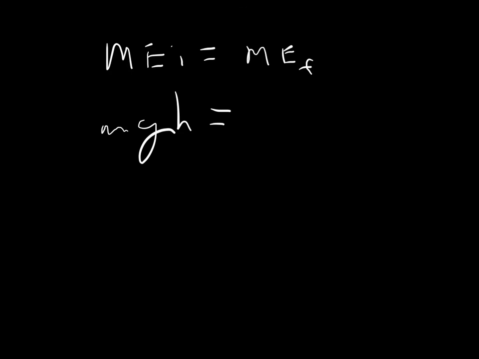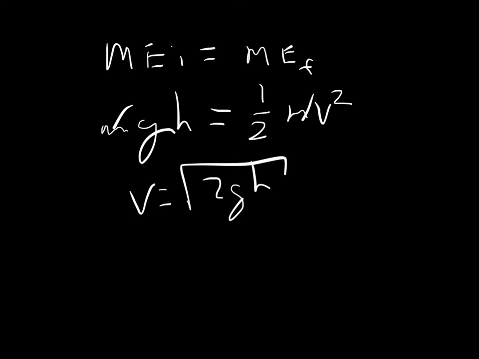Yeah, conservation of energy, ME initial equals ME final. So mgh equals 1/2 mv squared. The mass goes away, and I get v squared equals 2gh, so v is the square root of 2gh.